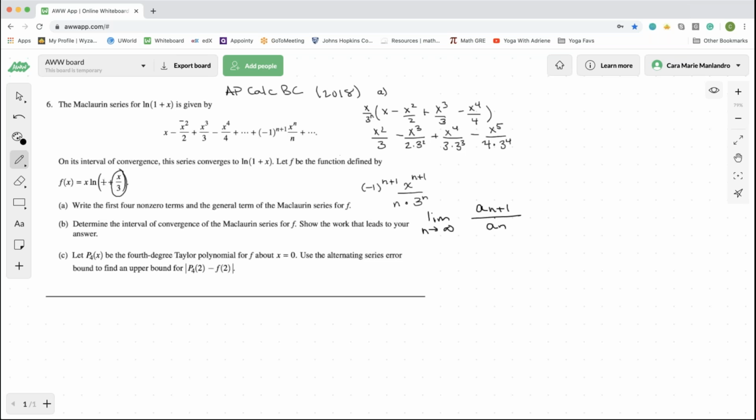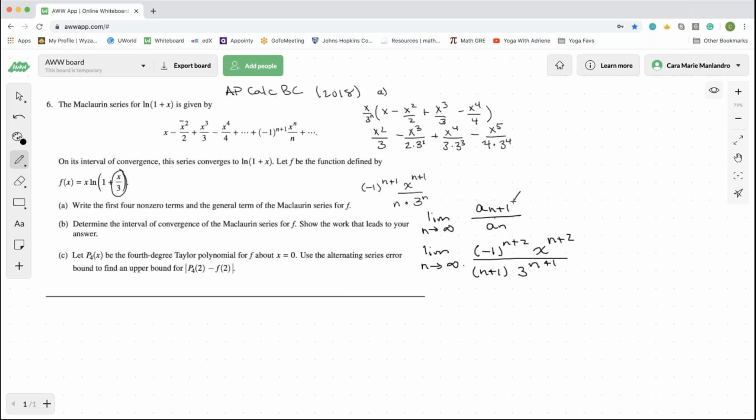The second one is to manipulate the function that we have. I'm going to do it both ways. So I'm going to take the limit as n approaches infinity, and take your general term plus 1. So negative 1 to the n plus 2, x to the n plus 2 divided by n plus 1 times 3 to the n plus 1.